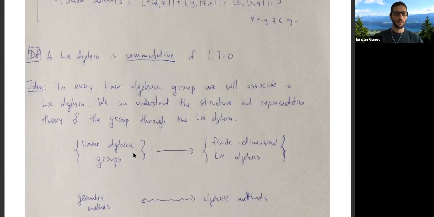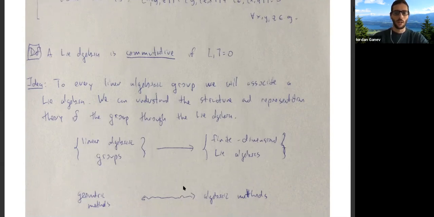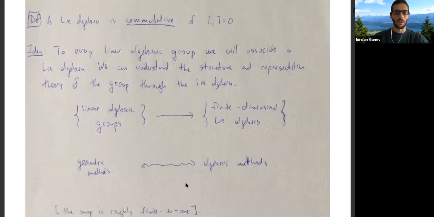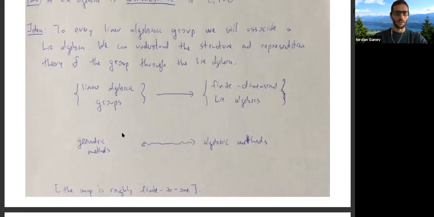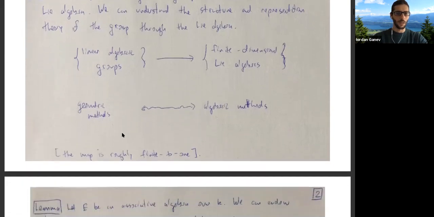We'll say more about that later. We'll see how some geometric methods on the group side can be translated to algebraic methods on the algebra side and vice versa. So sometimes we can get some insight from the Lie algebra that we couldn't get from the group, or the other way around. That's the motivation, and this is where we're headed.